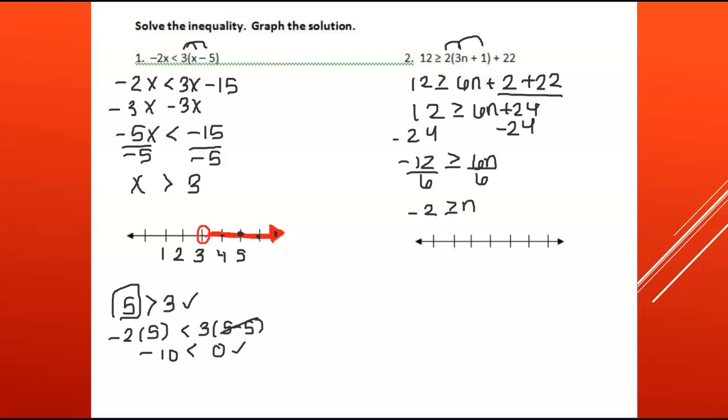On your number line, you'd put maybe 0, negative 1, negative 2, negative 3, negative 4.